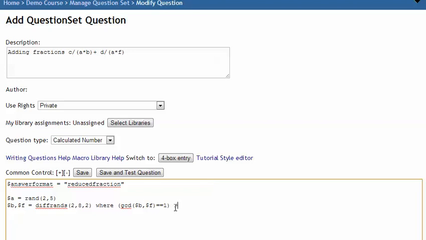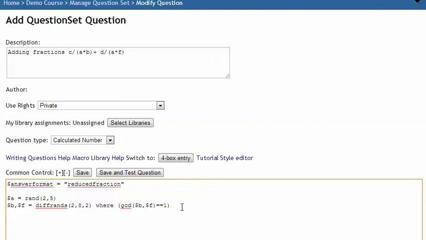You can also, of course, use greater than, or less than or equal to, or greater than or equal to, or not equal to, which is exclamation point equals. But in this case, we want equals 1. Okay, so the greatest common divisor of B and F is 1, which means the two values will be relatively prime. That makes me happy.